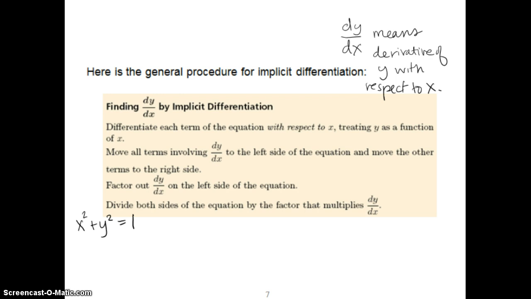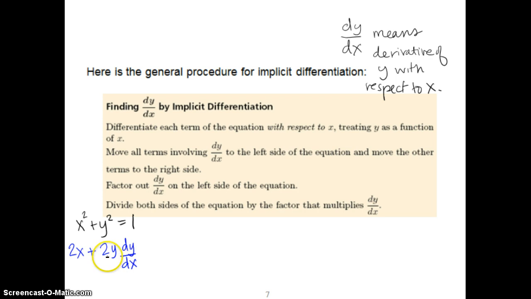The way that we're going to differentiate this is we're going to take the derivative of x squared, which is 2x, and then take the derivative of y squared as if it were a composite function. The exterior of y squared is 2y. Now the interior, which is in terms of x, we're just going to call dy dx.